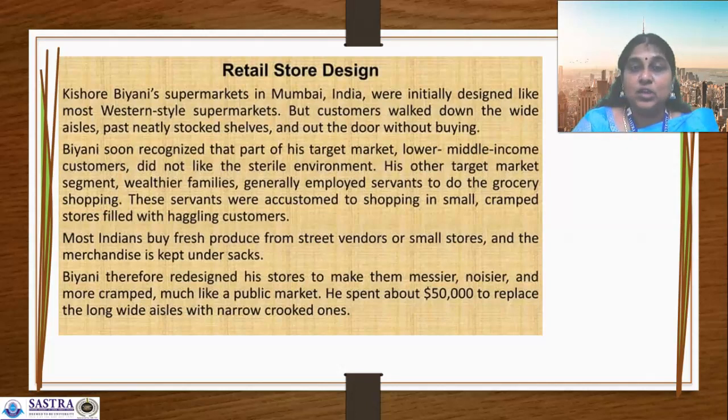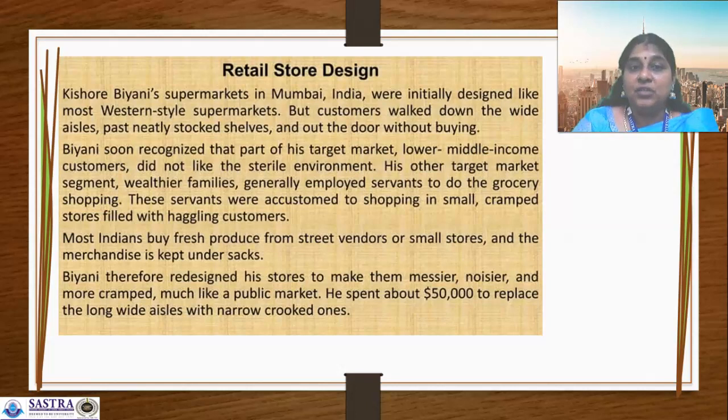Biyani's supermarket is a very good example of how to design a store layout. Most Indians buy fresh produce from street vendors or small stores, and the merchandise is kept under sacks or gunny bags.